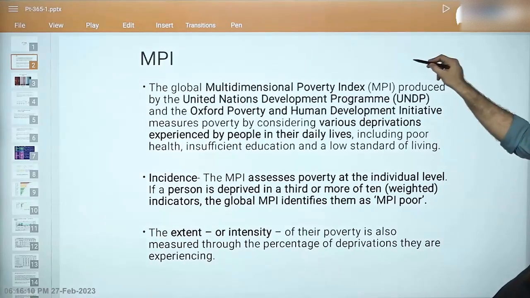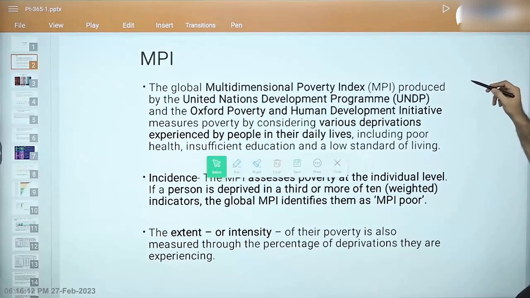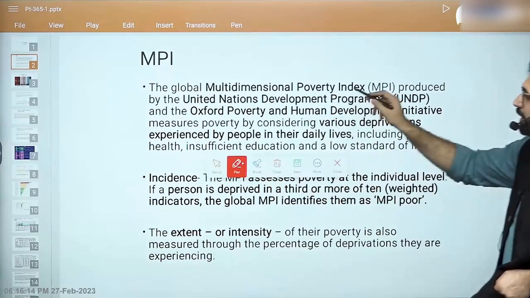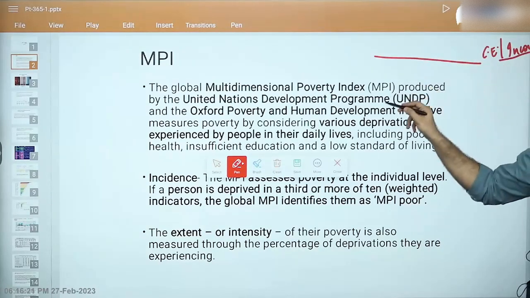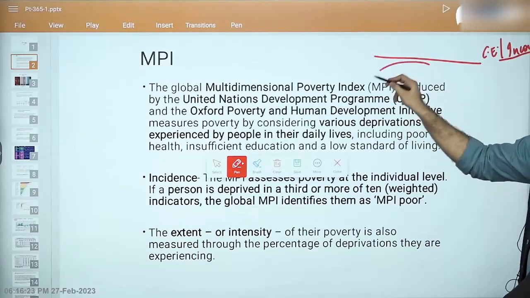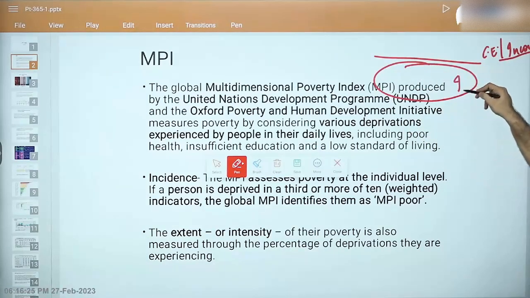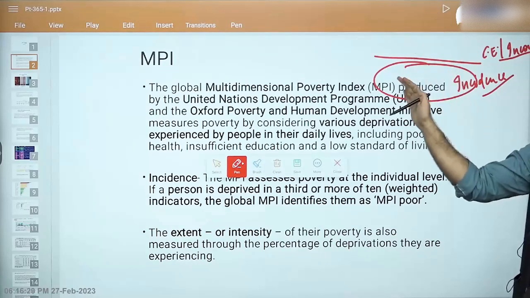When we were discussing consumption expenditure or even income, it is whatever you are earning below this level. That means how many percentage are here. This is the incidence of poverty. How many people are above, how many are below, that is incidence.